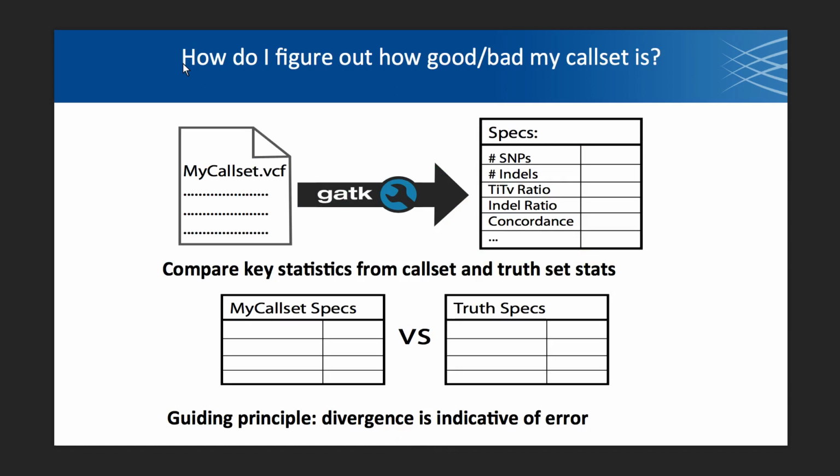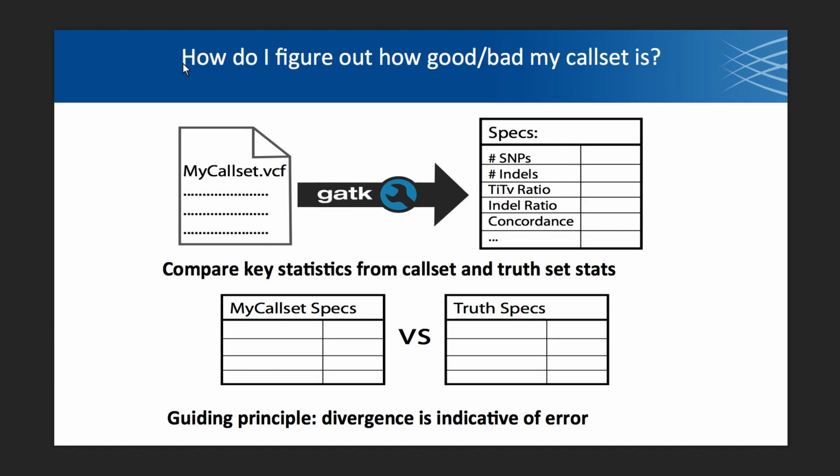Right. So basically, the premise is we take our call set and we calculate some statistics on the entire call set. Before, I was talking about statistics that happen at the individual variant level, the statistics that go into VQSR. But this is not what I'm talking about here. Here I'm talking about statistics that take the entire call set and give you a few key numbers that you can compare call sets with.